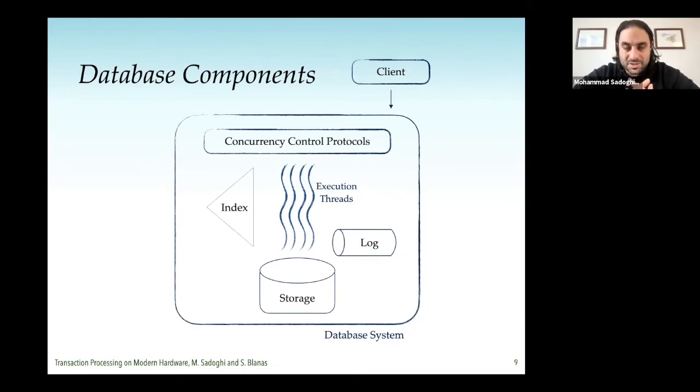And what concurrency, as the name suggests, is to be able to do things simultaneously or concurrently. And that kind of wraps the picture, which I think is a basic picture of what the relational system involves: a storage, a log, a bunch of indexes, concurrency control, and a bunch of threads, the worker or execution threads, that actually do the actual work.